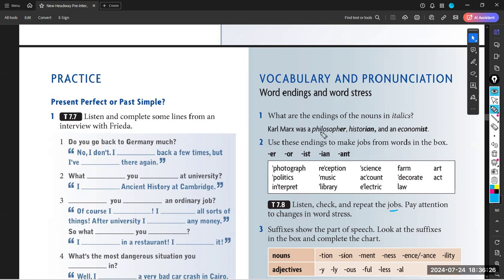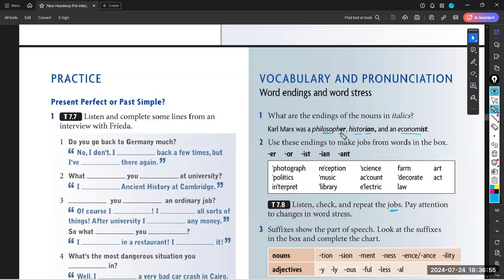So we have philosopher. Absolutely. It's from philosophy. So ER is just to form the person in this word. We have history, and if I want to say historian, we notice that it's a job or the person who is doing the action. And we have economist. Absolutely, economist is from economy.